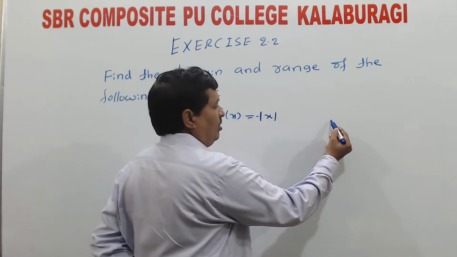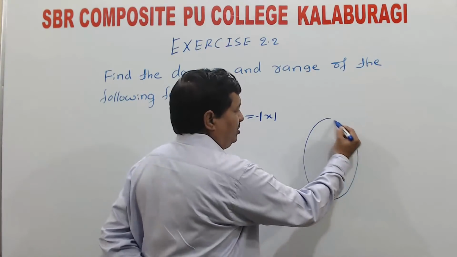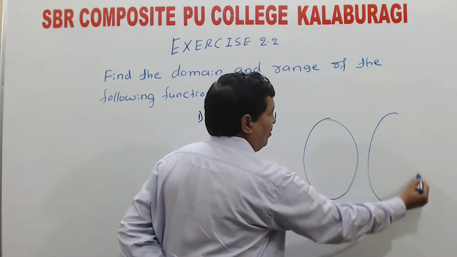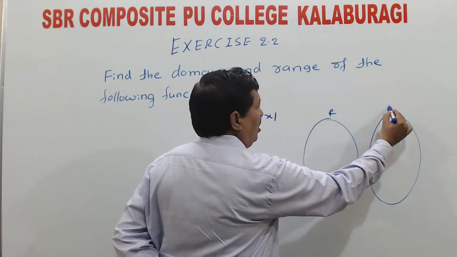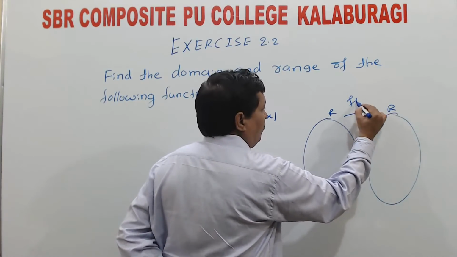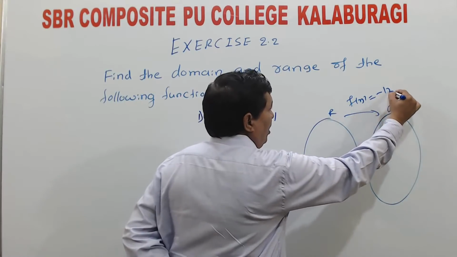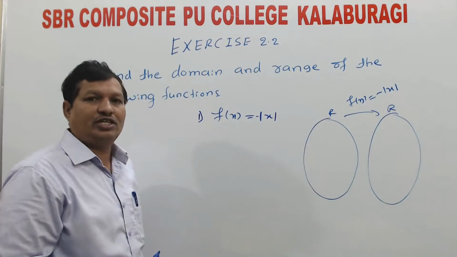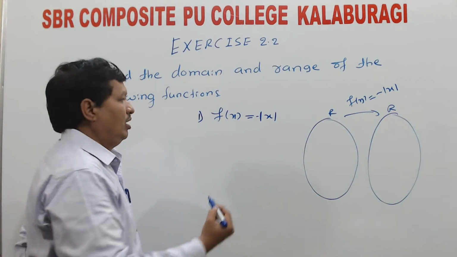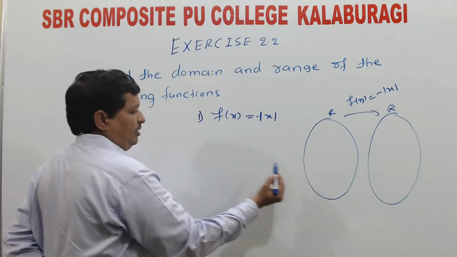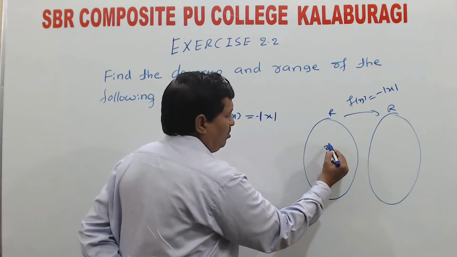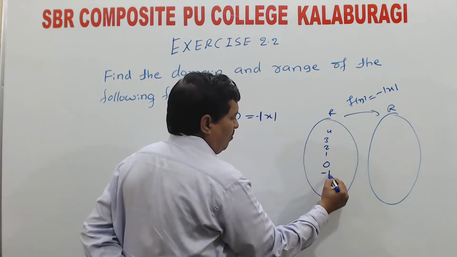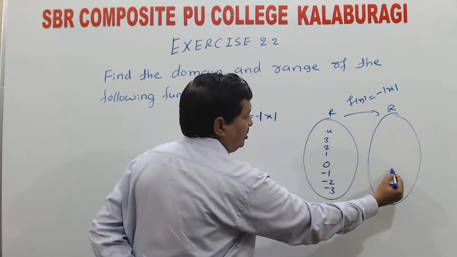Suppose you take both as real numbers. This f of x equal to minus mod x is a function. It is again a different function, it is not a modulus function. Now here 0, 1, 2, 3, 4, minus 1, minus 2, minus 3.